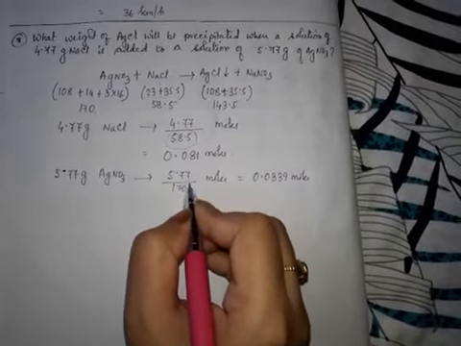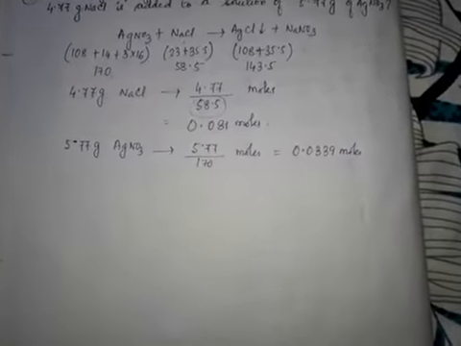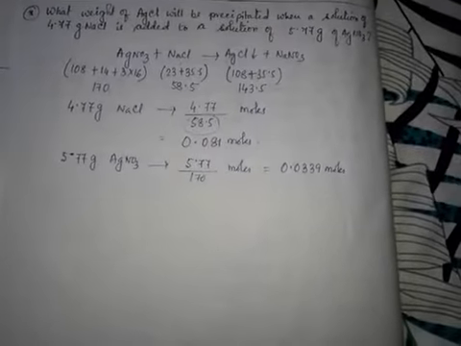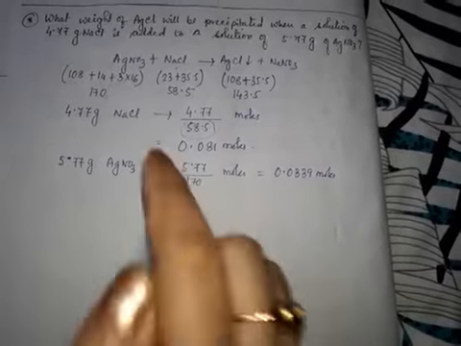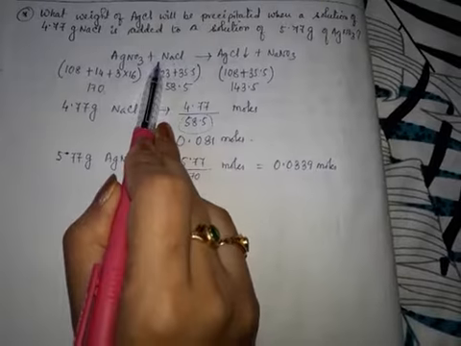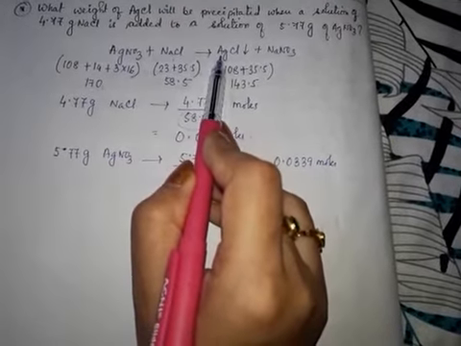So 5.77 divided by 170 moles, which is equal to 0.0339 moles. Now in the reaction we can see that 1 mole of AgNO3 reacts with 1 mole of NaCl to produce 1 mole of AgCl.